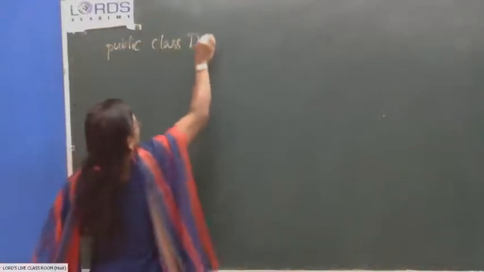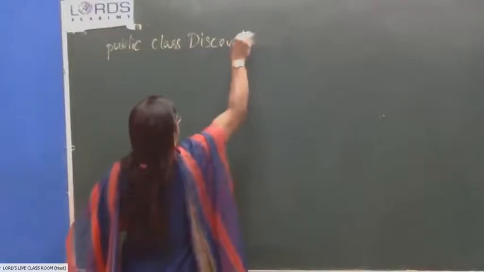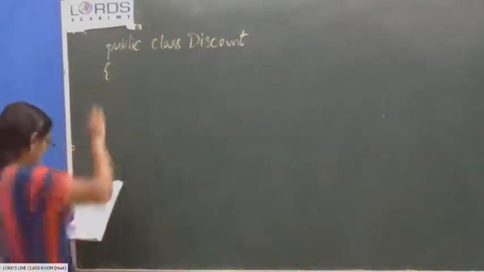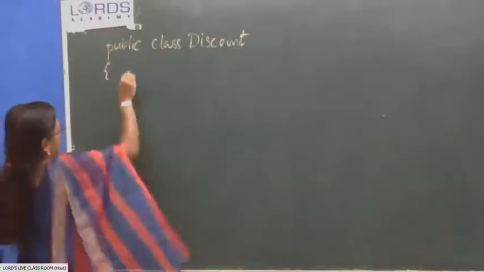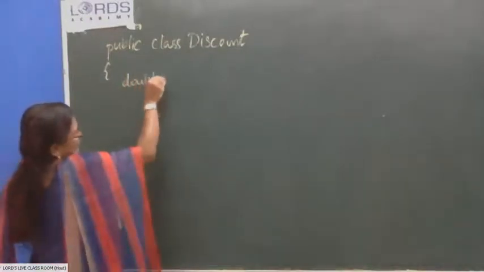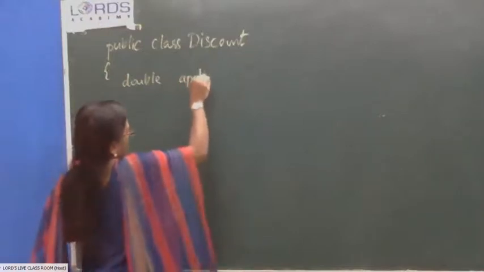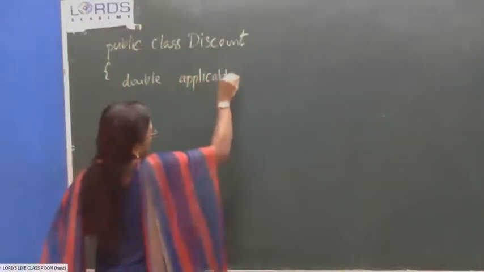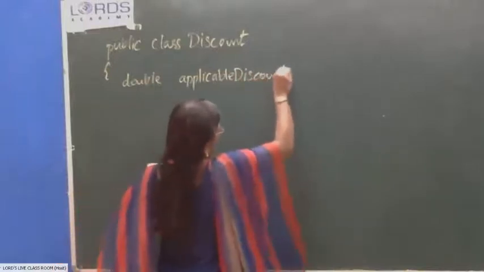Public class Discount. double applicableDiscount. The returned value from the function is double. applicableDiscount is the name of the function, without any space.